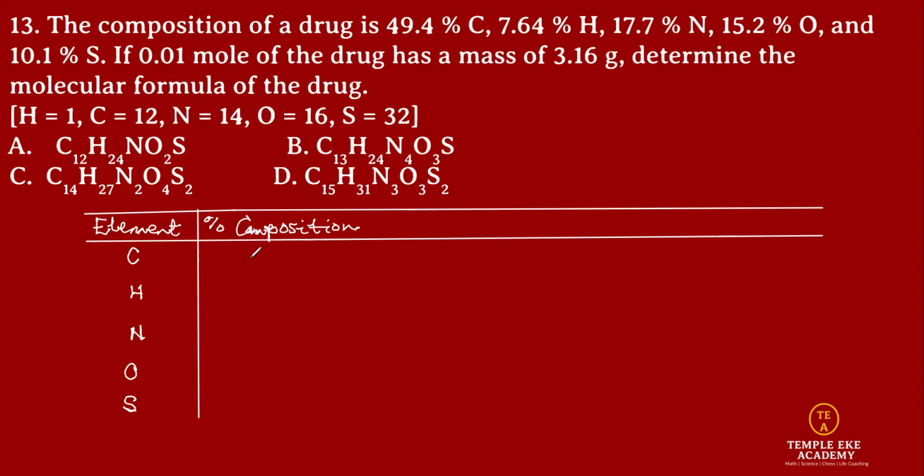So there are individual percentage compositions. We have 49.4 for carbon, 7.64 for hydrogen, 17.7 for nitrogen, 15.2 for oxygen, last but not the least, 10.1% for sulfur.